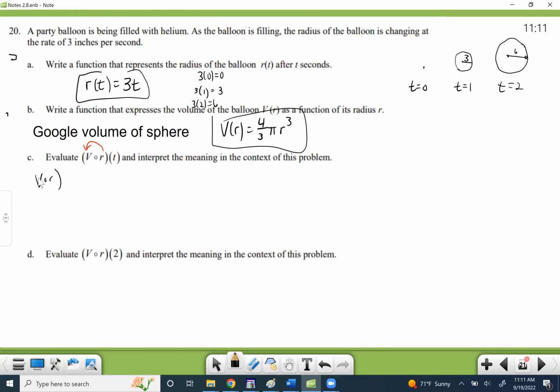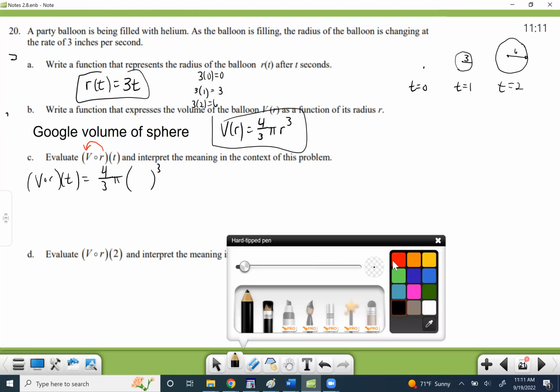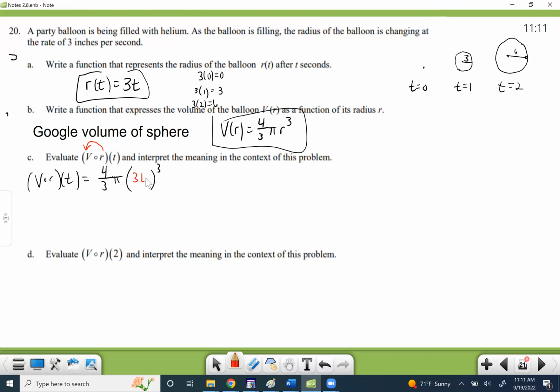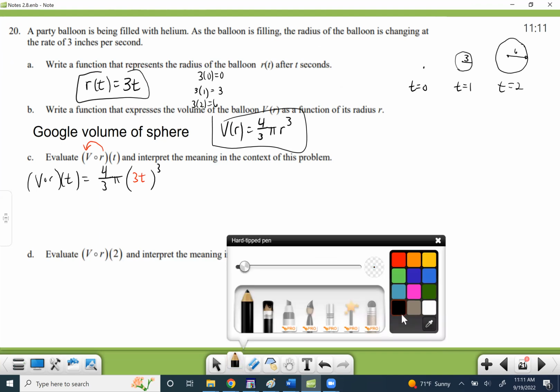V compose R of T is 4/3 pi, and in the place of r cubed, we're going to put 3t in there. Okay, and then we'll do the math.